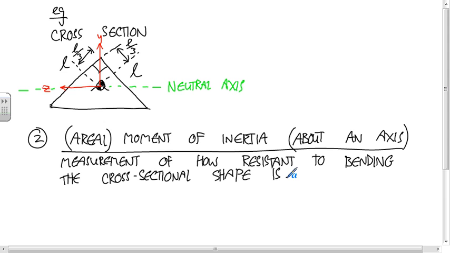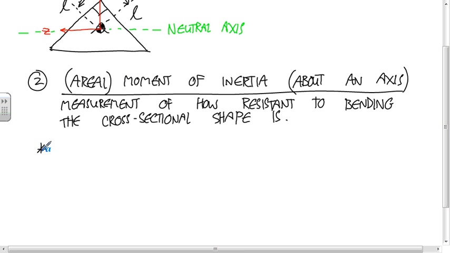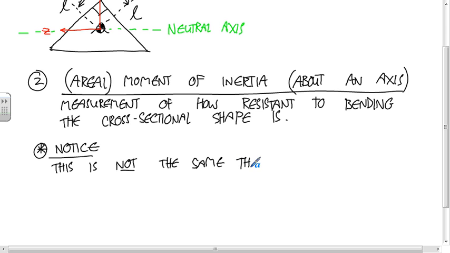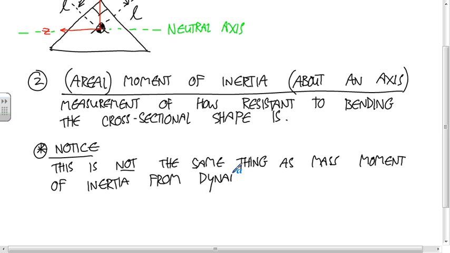Okay, there's something important to notice about this. This is not the same thing as the mass moment of inertia from dynamics. So this makes it seem even more ridiculous.